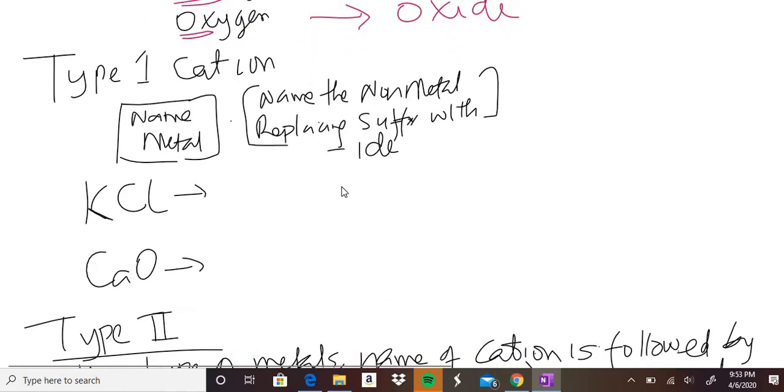Now, how do we name the type 1 cation? We name the metal just the way the name is written on the periodic table, and we name the non-metal replacing the suffix with IDE as we said. For example, if you want to name KCl, so K, if you go to the periodic table, is written as potassium.